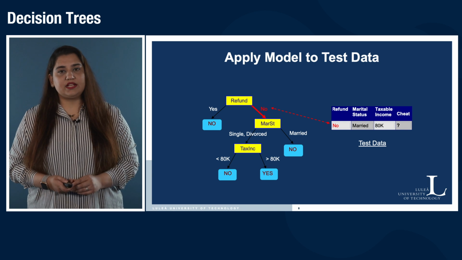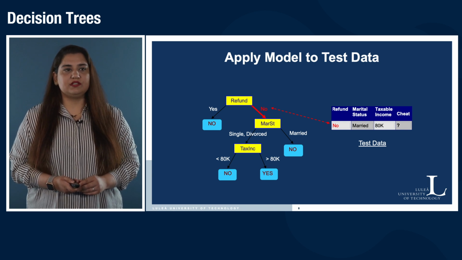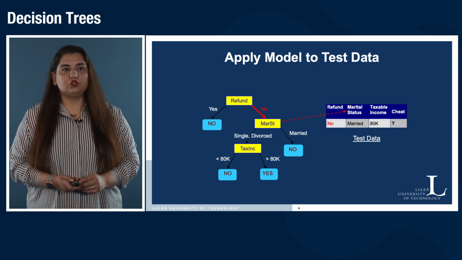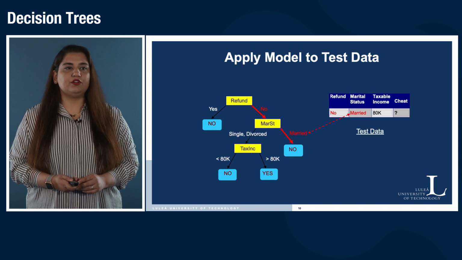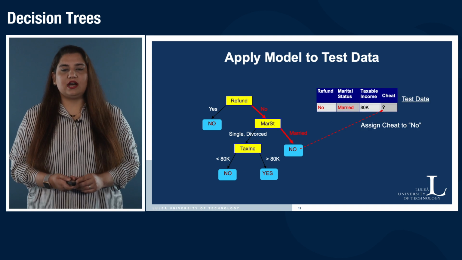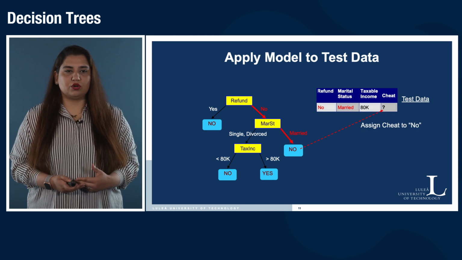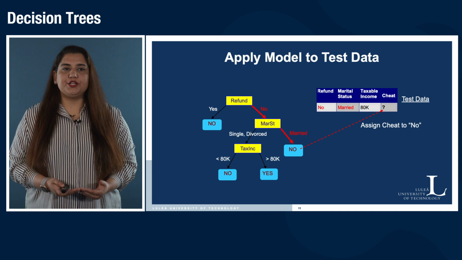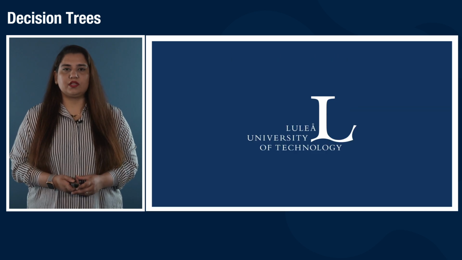We reach the next variable, which is marital status, and it says married. So basically we reach that particular branch, and here the final result, the answer, will be no. So this is how we run through the model and we deduce our results.